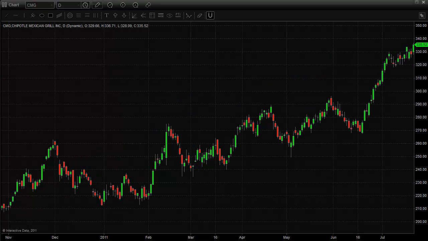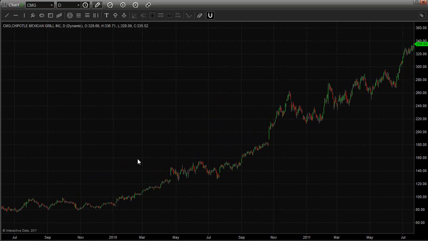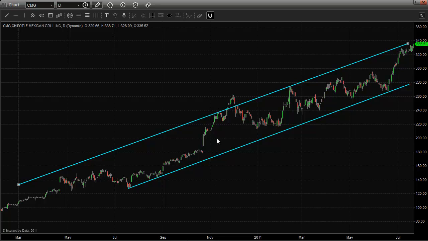This is a chart on CMG, Chipotle Mexican Grill. This is also a daily chart. Let's zoom out on this. You can see this is another stock that had a strong uptrend. We're going to draw a lower trend line here, and we'll draw an upper trend line. And you can see it's been trading in this channel. You can see it broke out once.